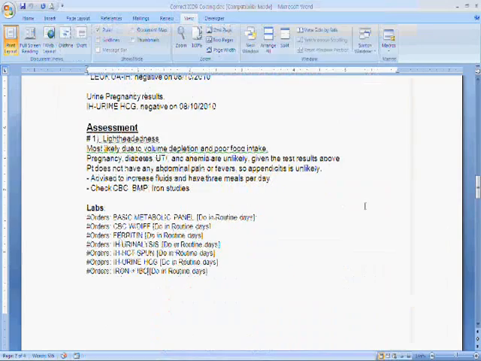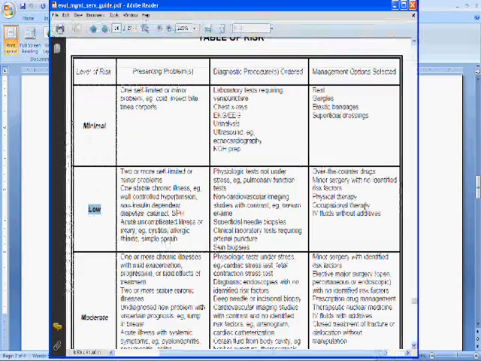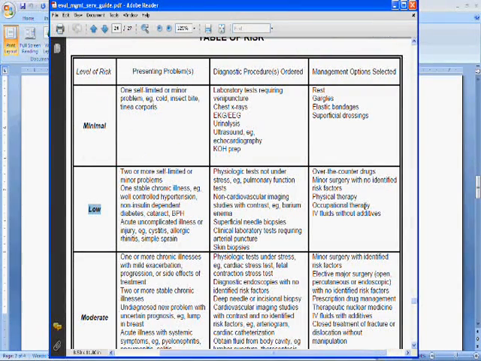And that basically comes down to what did they tell the patient to do. They advised the patient to increase fluids and have 3 meals per day. That was the management option selected. So for minimal risk, in the risk table we've got rest, gargles, elastic bandages, superficial dressings.